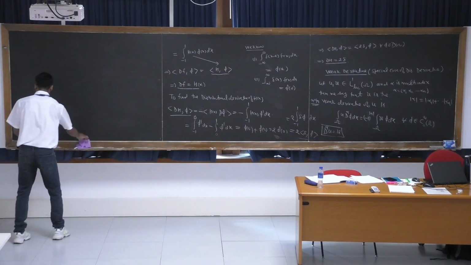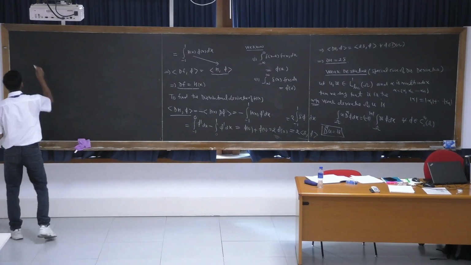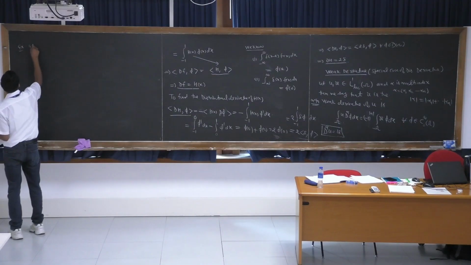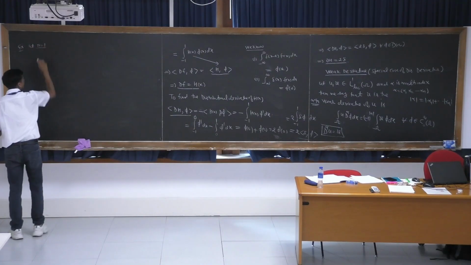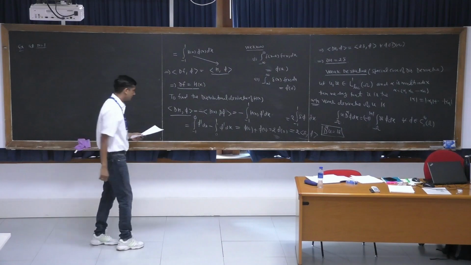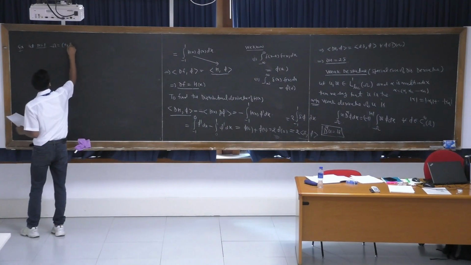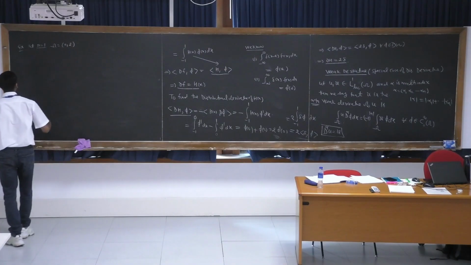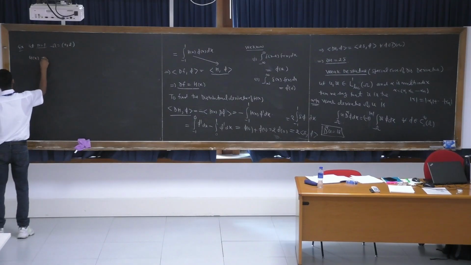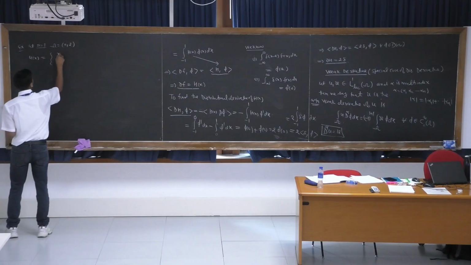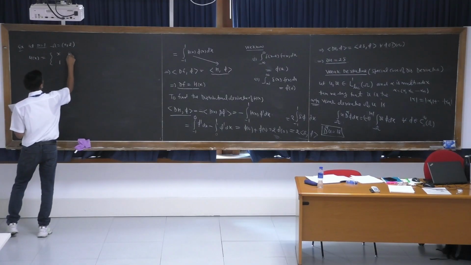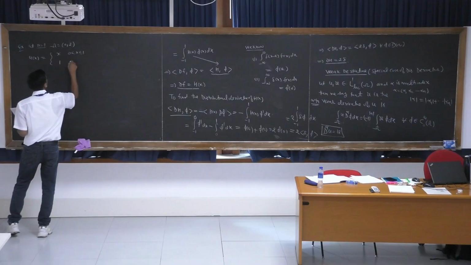Again, the simple example, this one. I'm choosing n equal to 1, meaning the one-dimensional case, and the domain is 0 to 2. Define a function u of x that is this one.